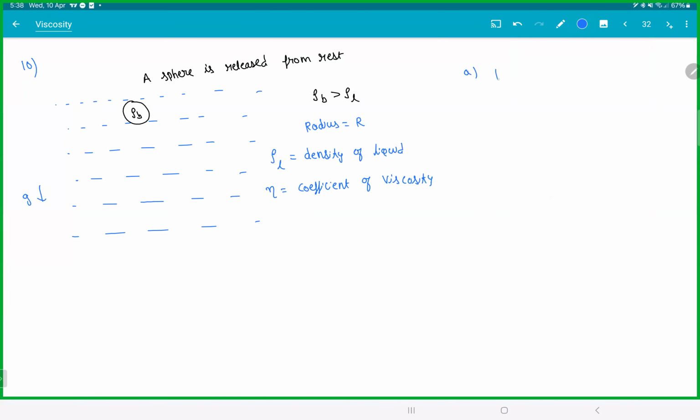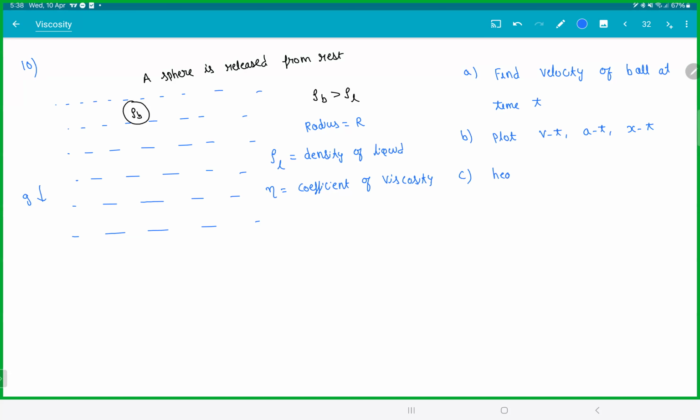First thing, find the velocity of the ball as a function of time t. Second, plot the v-t graph, a-t graph, and x-t graph. We have done something like this in the last session.